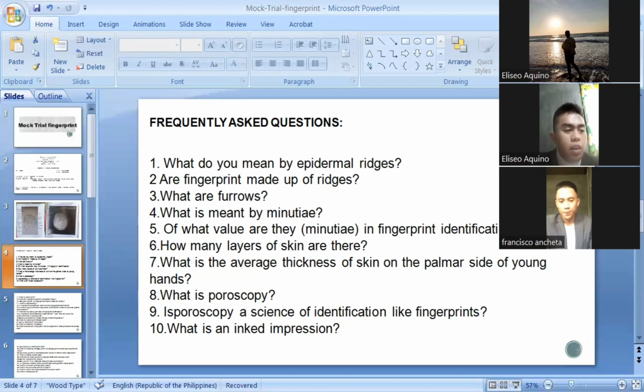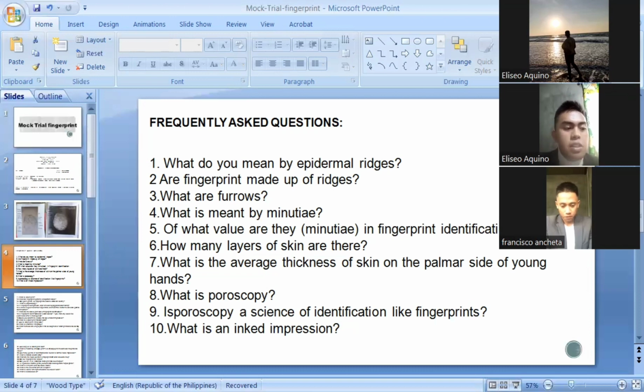And what value are minutiae in fingerprint identification? These minutiae points are used to determine the uniqueness of a fingerprint image. And how many layers of skin are there? Our skin is made up of 3 layers: the epidermis, dermis, and the hypodermis.